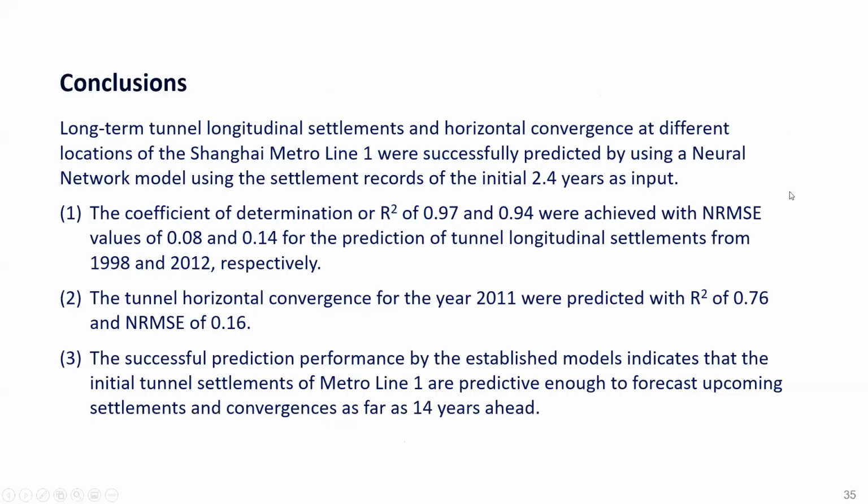In terms of long-term settlement and convergence, we are able to predict with accuracy of R² of 97% and R of 97 to 94%, while the normalized root mean square error is this value. So again, we are able to predict from 2.4 years of training to 14 years ahead.